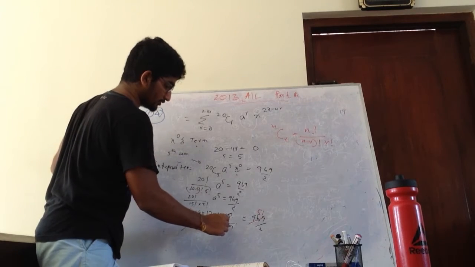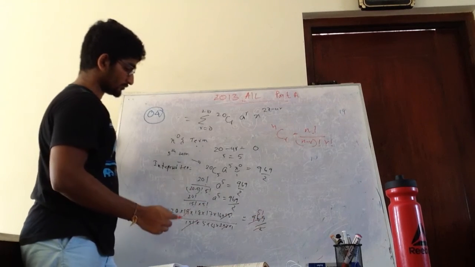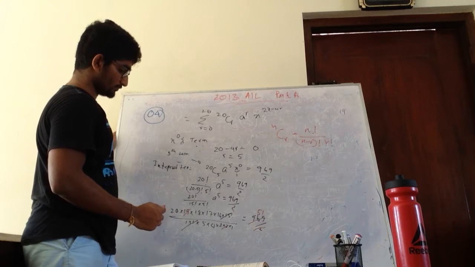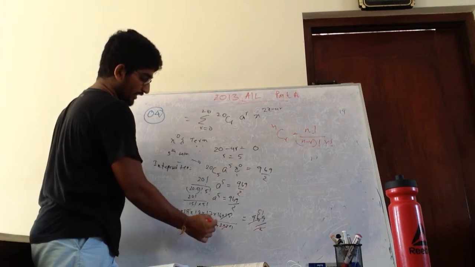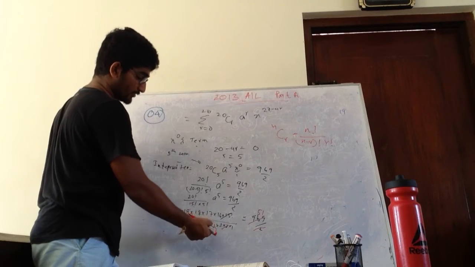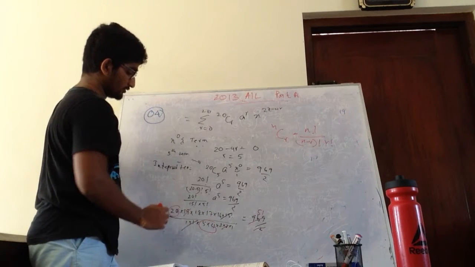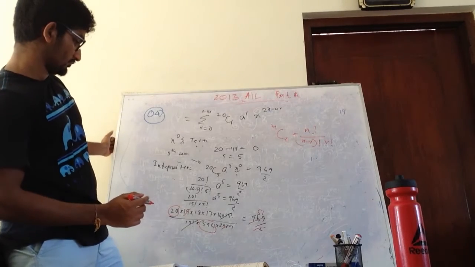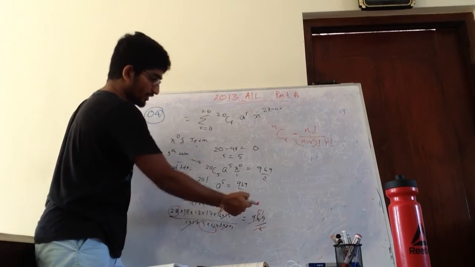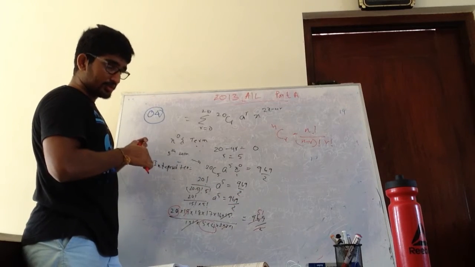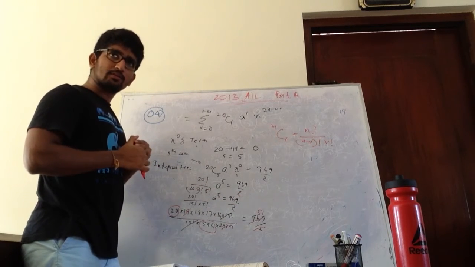You can take the 2 out. 5 times 4 is 20, so you can take this out. So 17 times 3 is 51.